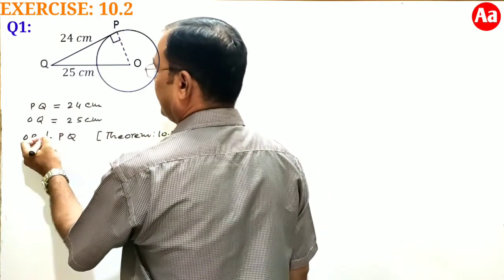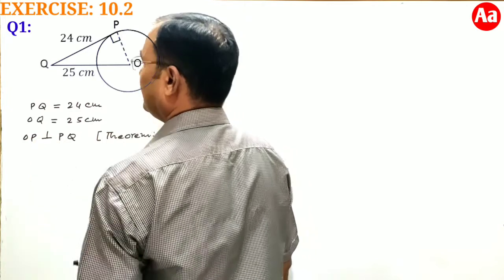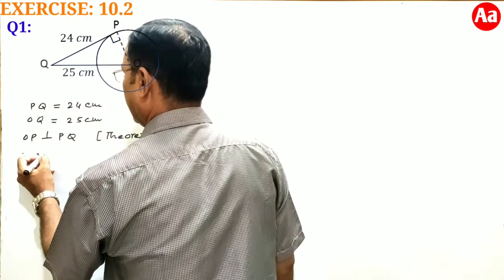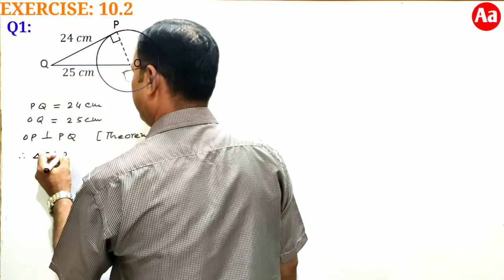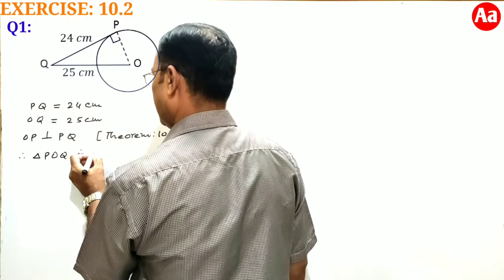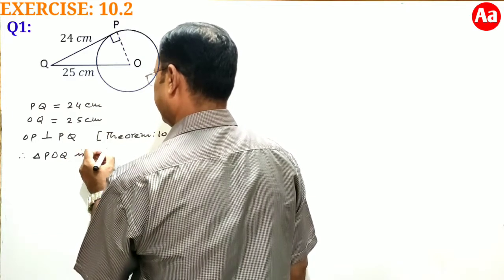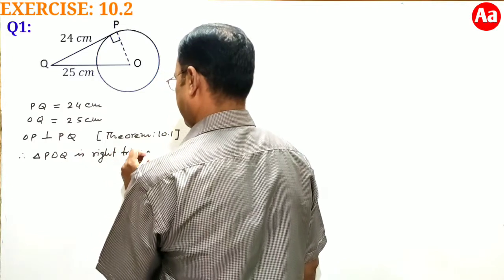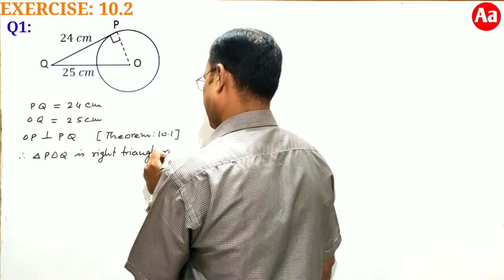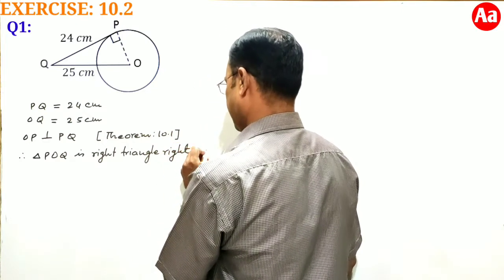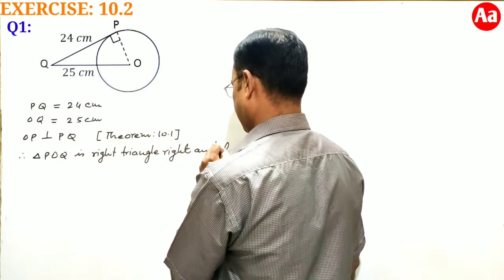Radius through the point of contact is perpendicular to the tangent. Therefore, triangle POQ is right triangle, right angled at P.